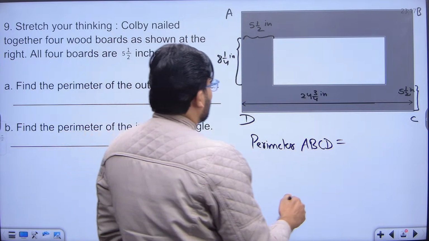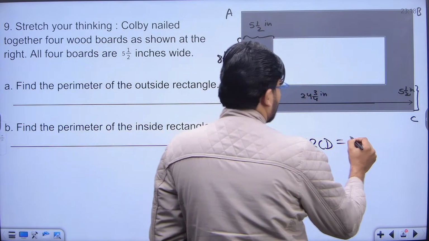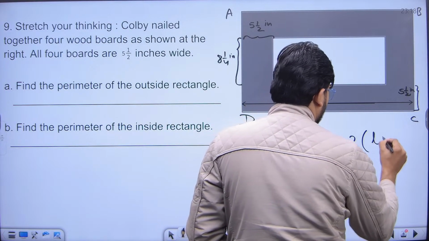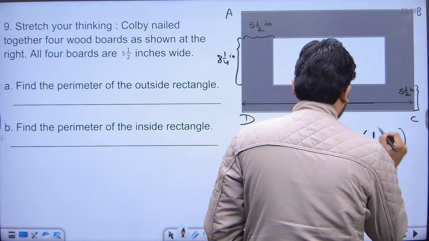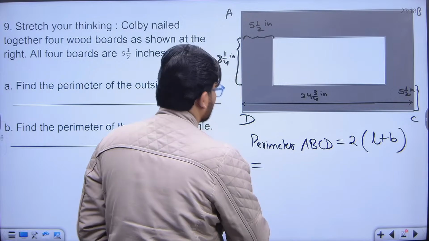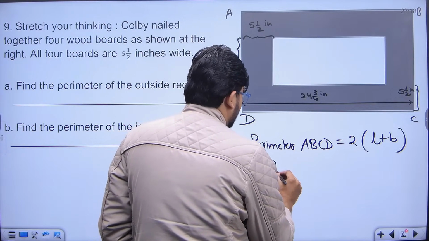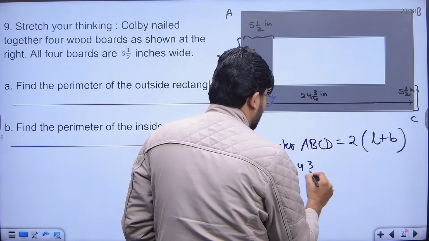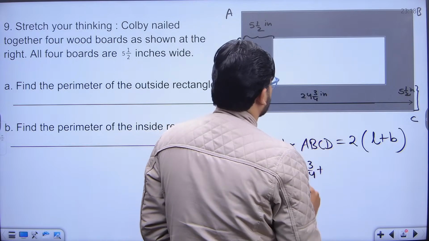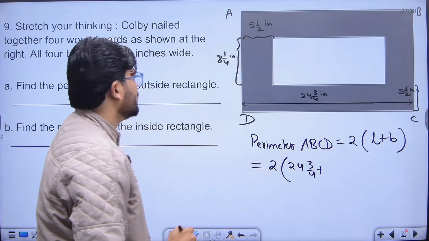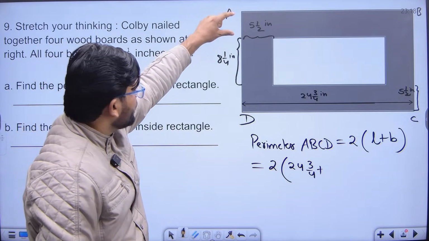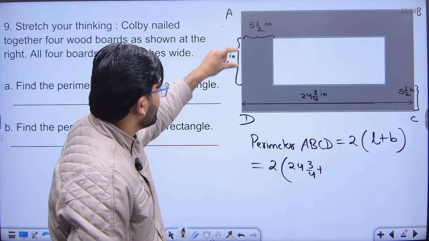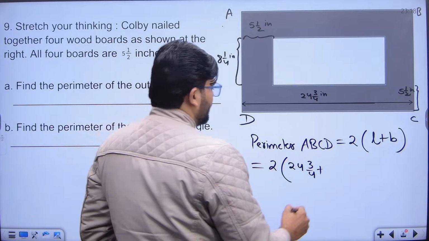So perimeter ABCD will be what? The formula for perimeter is 2 times (L plus B). So what is length? Length is 24 3/4 plus what is breadth? So breadth has to be added. This particular part, 5.5 from both the parts will be added.